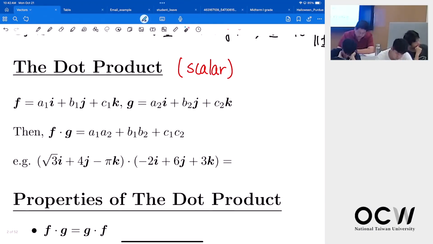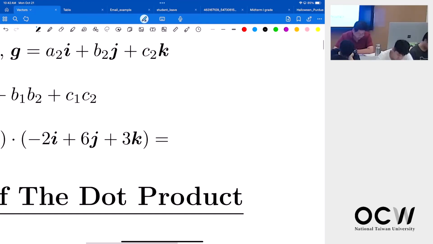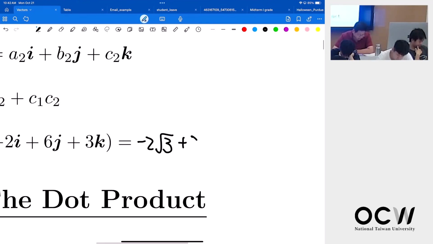So here's the example. These two vectors, if I do the dot product, I will get minus 2 square root of 3 plus 24 minus 3 pi.